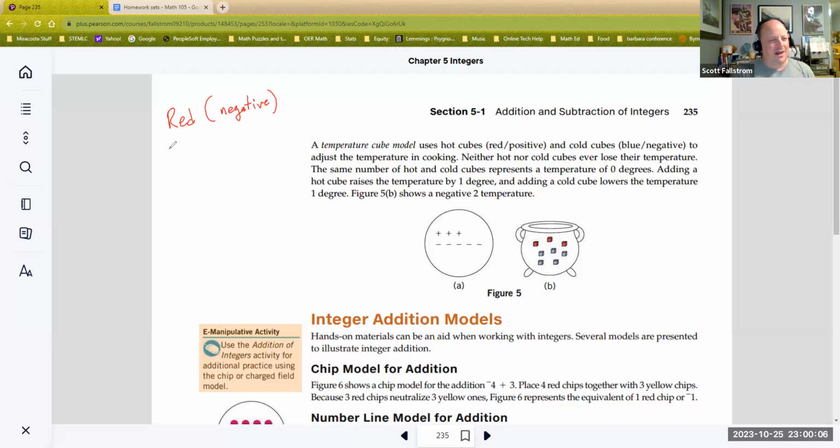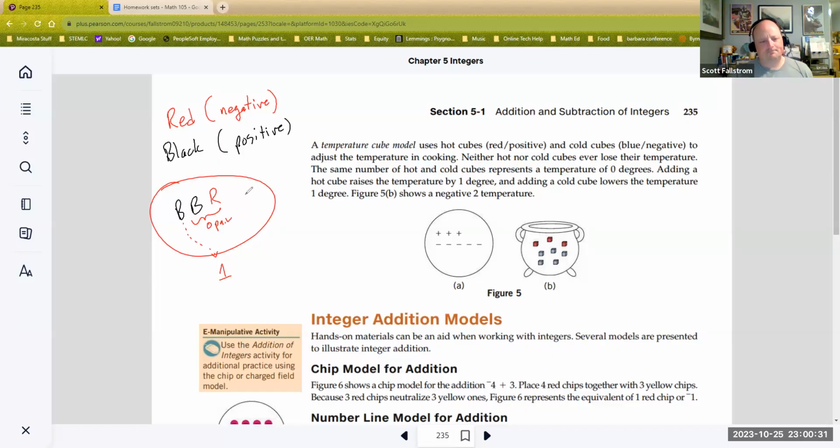And if you're in the black in business, that means you're doing well. It means your business is in the positive. So if you were to write down a B, B and an R, then this would still be a zero pair, and the overall value right here would be +1, because I have 1 positive and then a zero pair sitting next to it.